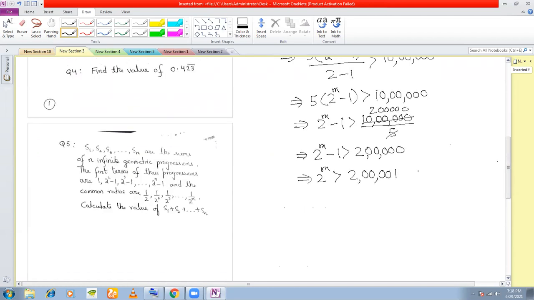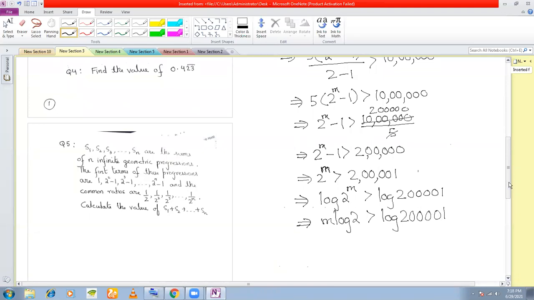Now the question is how to find out the least value of m. In such a case, you take logs on both sides. This is how you solve this kind of sum. Log of 2 to the power of m is greater than log of 2,00,001, right? From the power rule for log, you can write this as m log 2 greater than log 2,00,001.